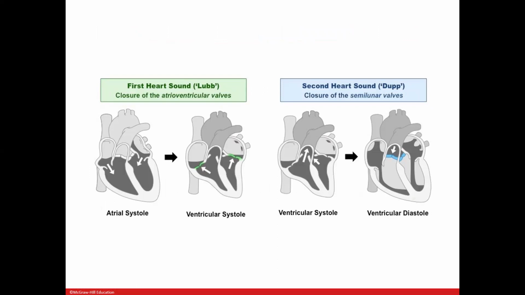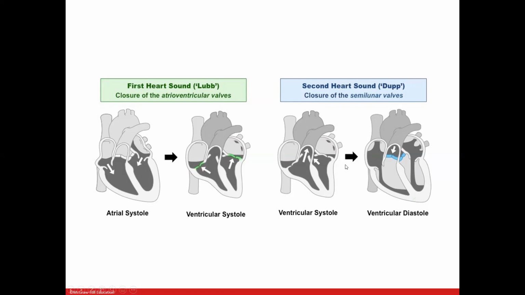So if you ever listen to the heart, you would hear the first sound kind of like a lub and then a dub. And so we have atrial systole, as you can see, the tricuspid and the mitral, the bicuspid open. And then we go into ventricle systole where they close.